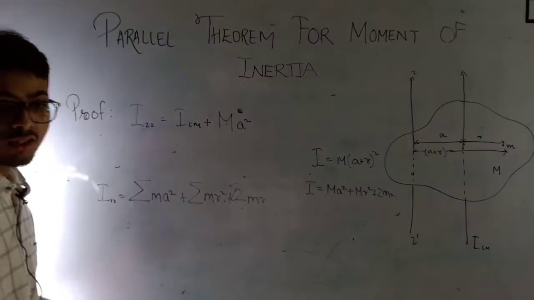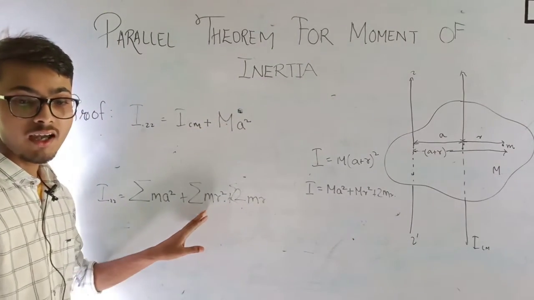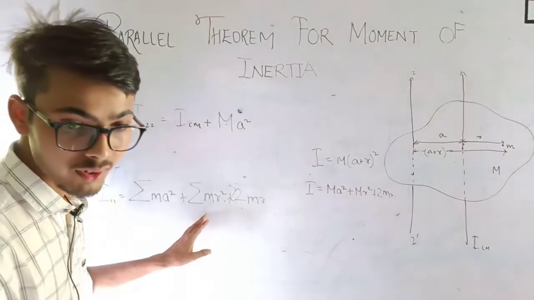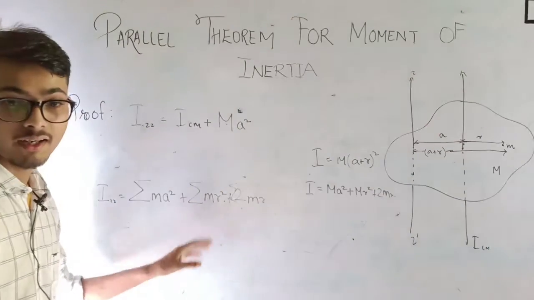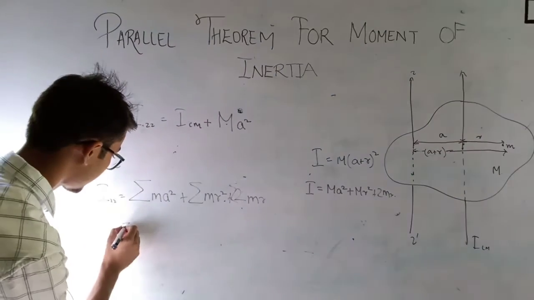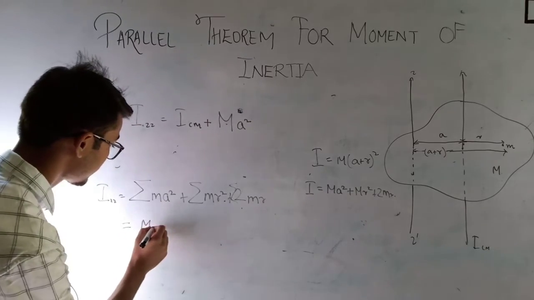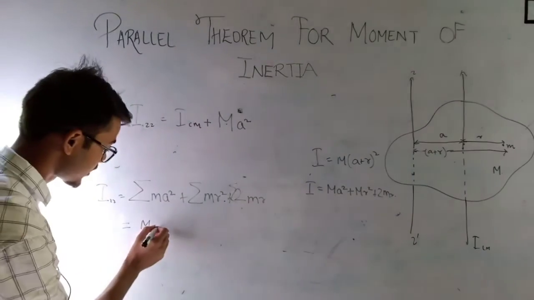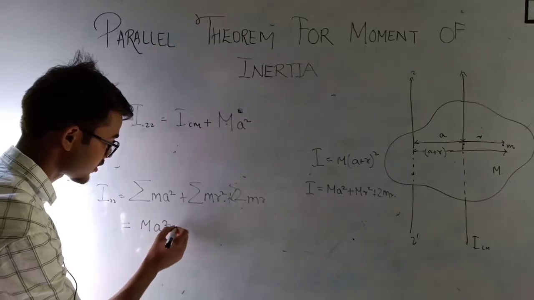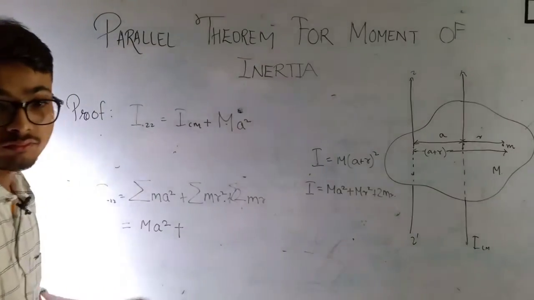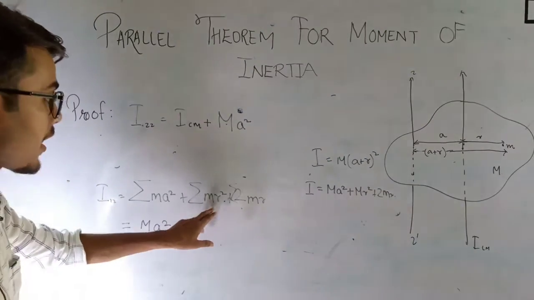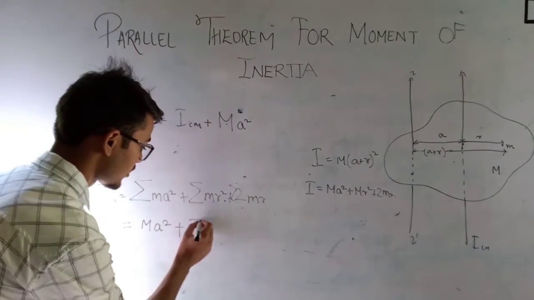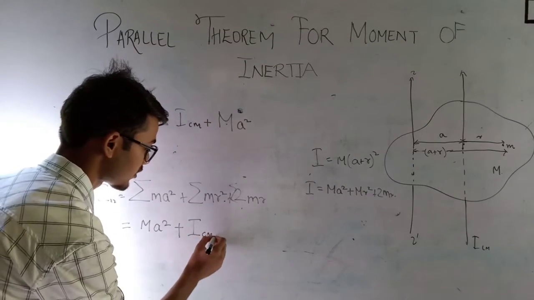Here sigma m is the total mass, so this becomes M. Here a is constant, so this is M a square plus sigma m r square, which is the moment of inertia about the center of mass.